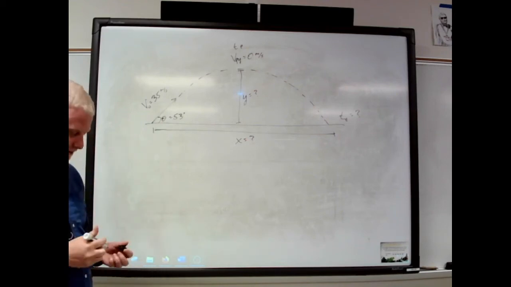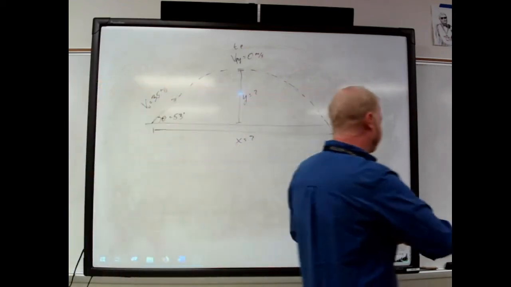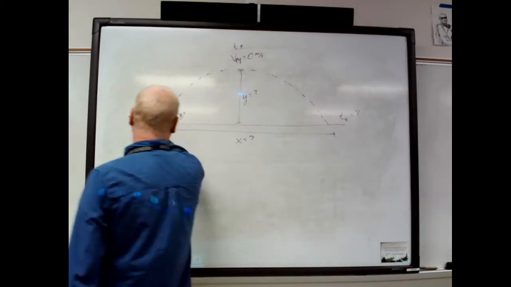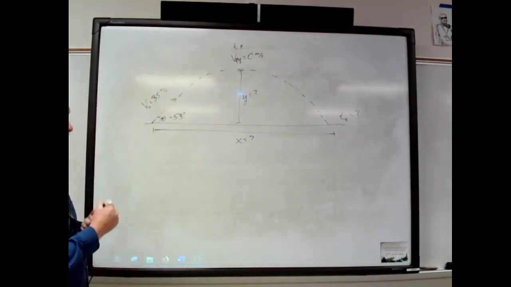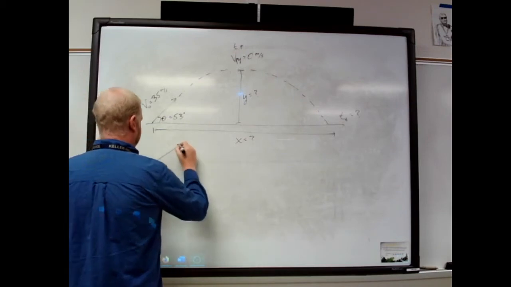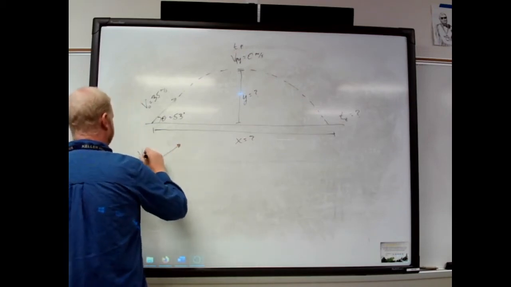Our first step here would be to find out how much of this initial velocity exists in the horizontal and how much exists in the vertical. So, let's break down our vector.